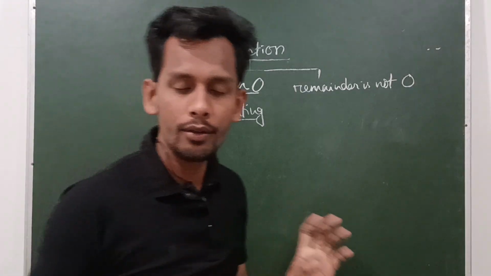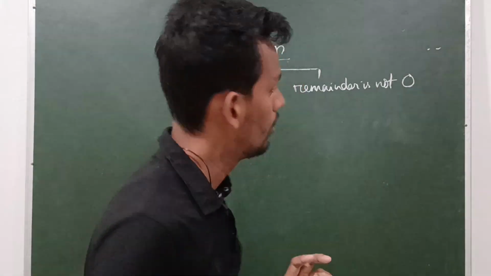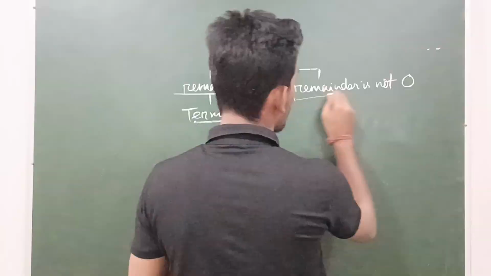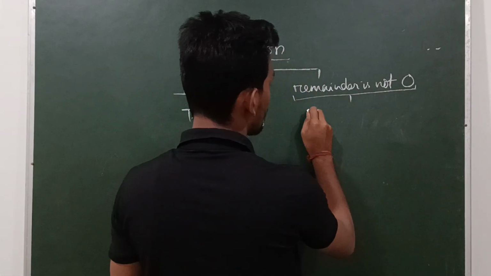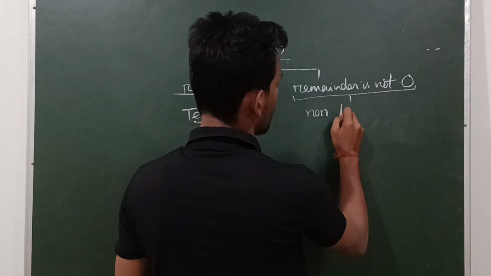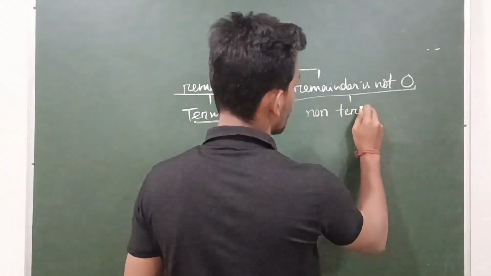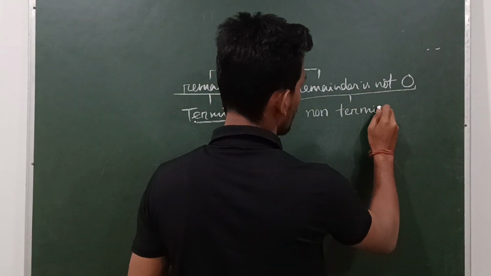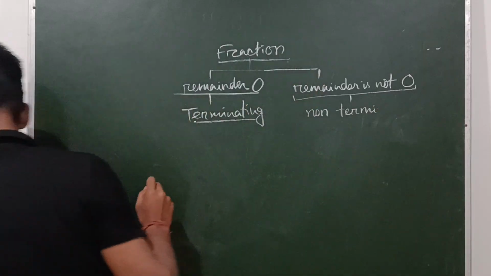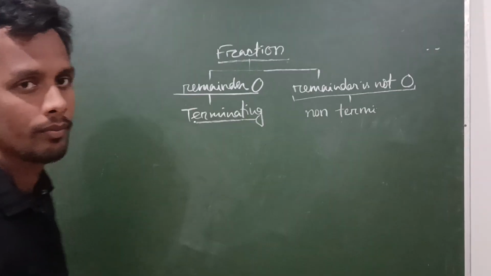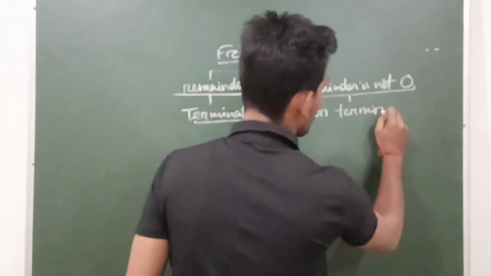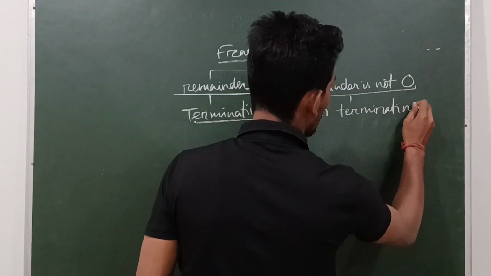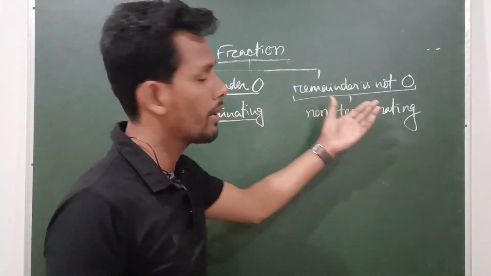When remainder is not 0, it is called non-terminating.